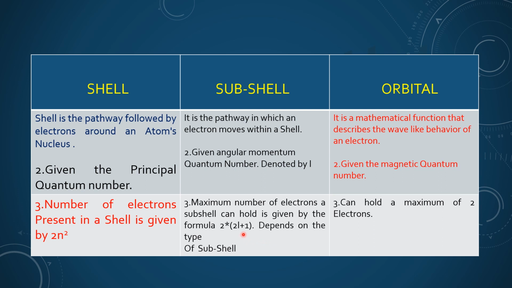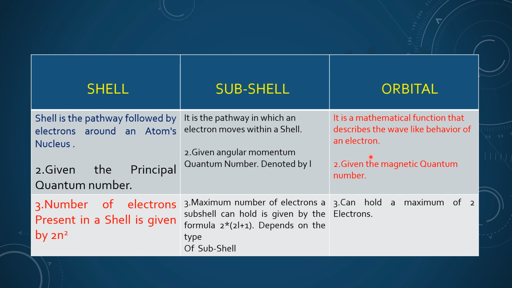So 2 into (2 into 0 is 0, 0 plus 1 is 1), 2 into 1 is 2. 2 electrons are present in the first subshell. Come to the second subshell. 2 into (2 into 1 plus 1), that is 3, 2 into 3 is 6. 6 electrons are present in the second subshell, and so on.